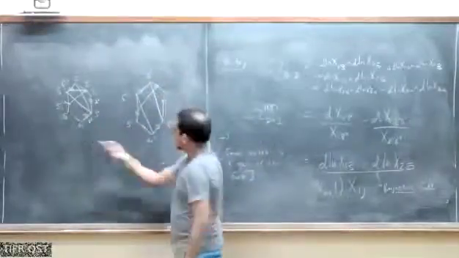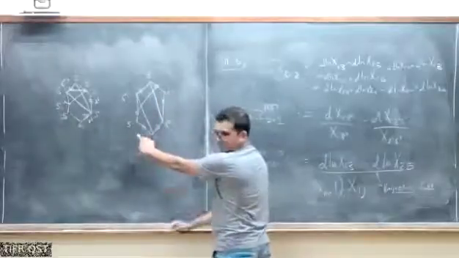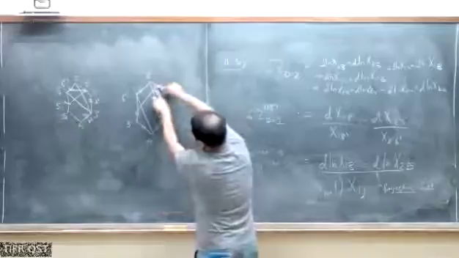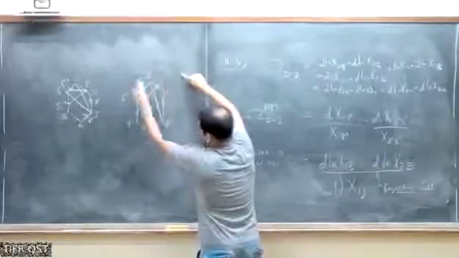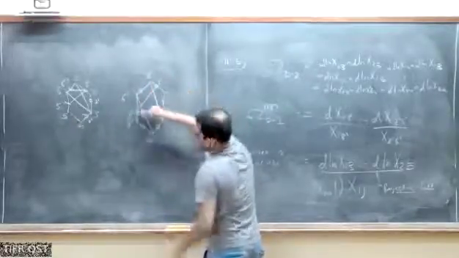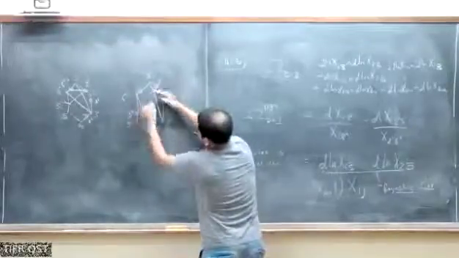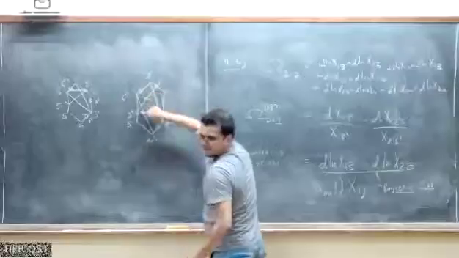But here, this is not allowed. So this chord going between 1 prime and 5 prime is not allowed because if you look at this cell, it is entering and exiting from the opposite side.